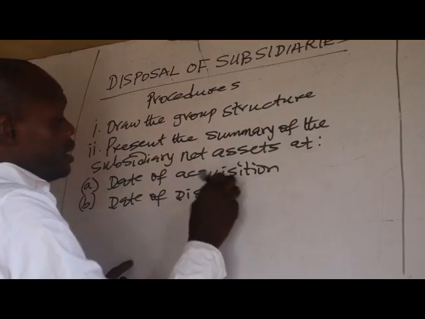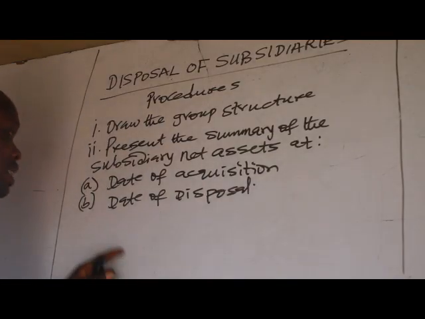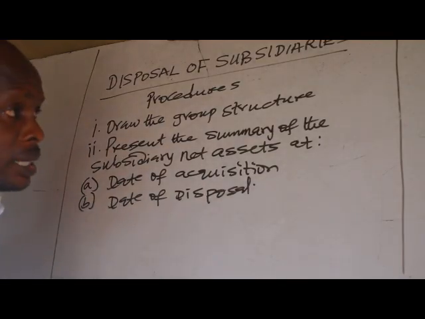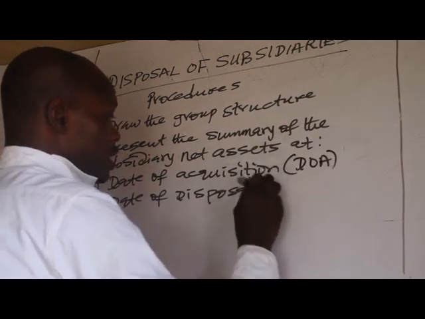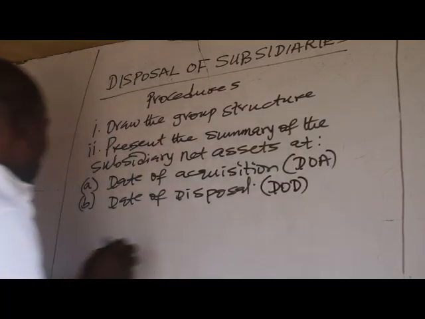We are going to have the summary of the net asset at the date of acquisition and the date of disposal. Date of acquisition, DOA, date of disposal, DOD.